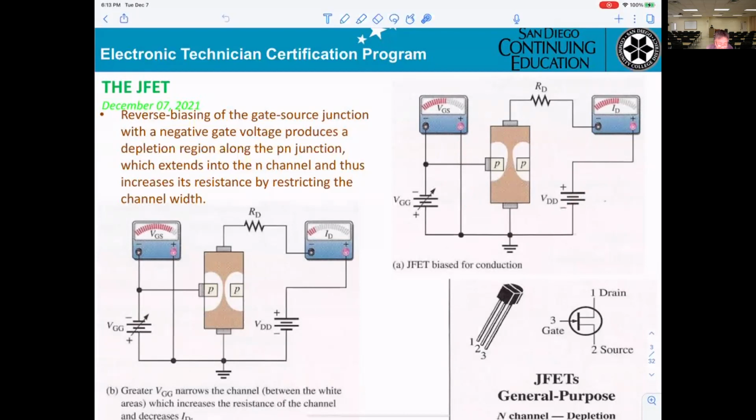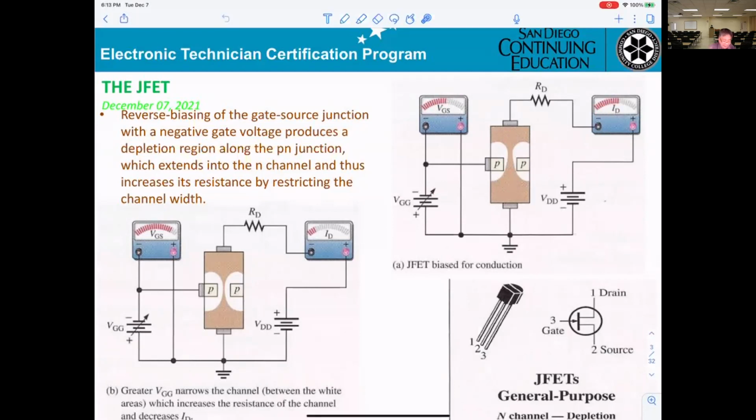Now in here, they change the voltage at VGG. You can see VGG is now less negative. Then they're telling you the channel is wider, so more current will be flowing from the drain to the source. So now you see more current.